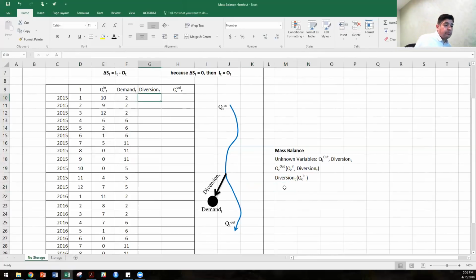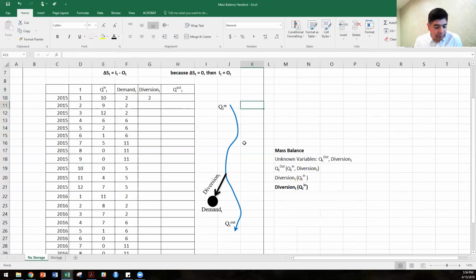So how can we estimate the diversion? In terms of how much water we can divert, there can actually be two things that can happen here. Imagine that we're demanding 2 units of water, but the water coming in is 10 units. In this case, the demand is less than this Q in. So how much water can be diverted at this point? 2 units. Let me explain it again.